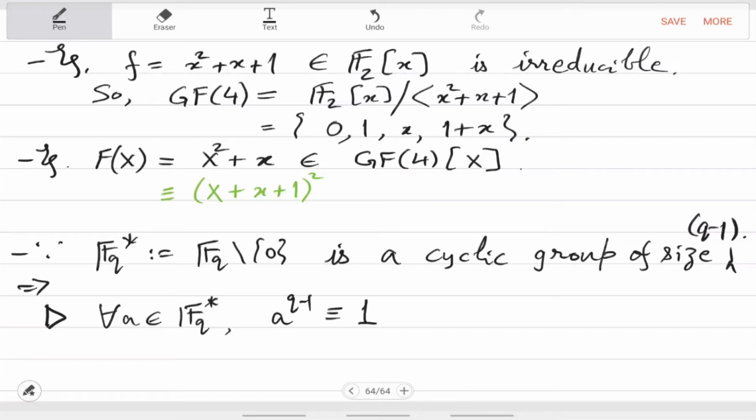And if you also include 0, then you have to look at a raised to q, which is a, right? So this is satisfied by all a in the finite field. This is a fundamental identity. Its special cases have names, so this is also called FLT, Fermat's Little Theorem.